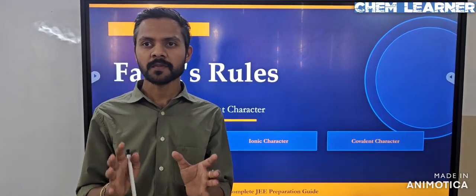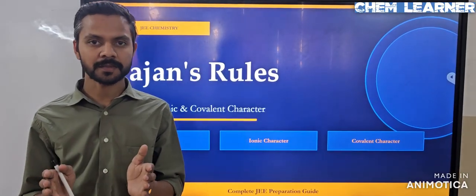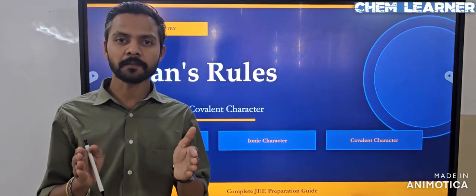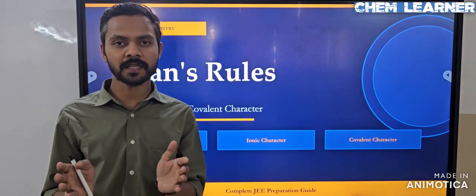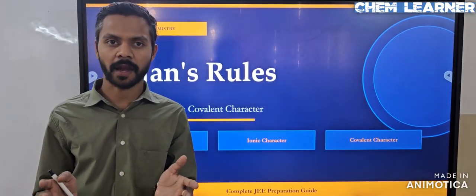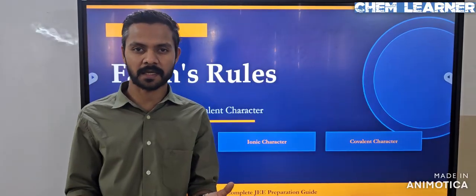When the bond is actually formed, atom A and atom B both apply a force of attraction and a force of repulsion on each other. How does it operate?